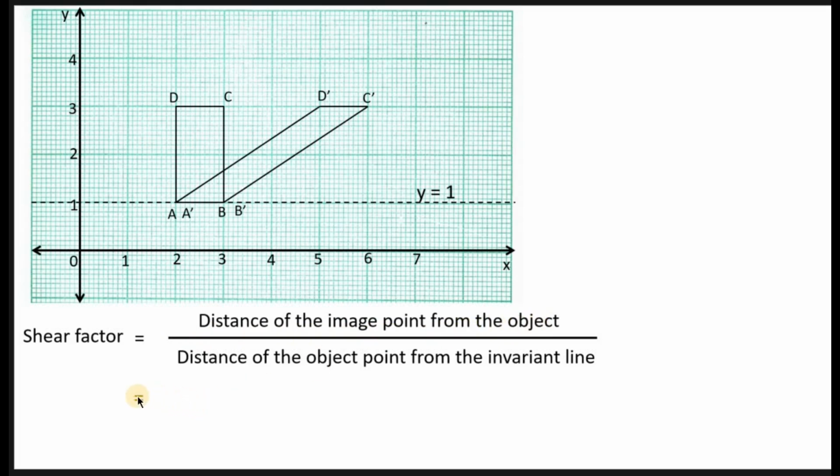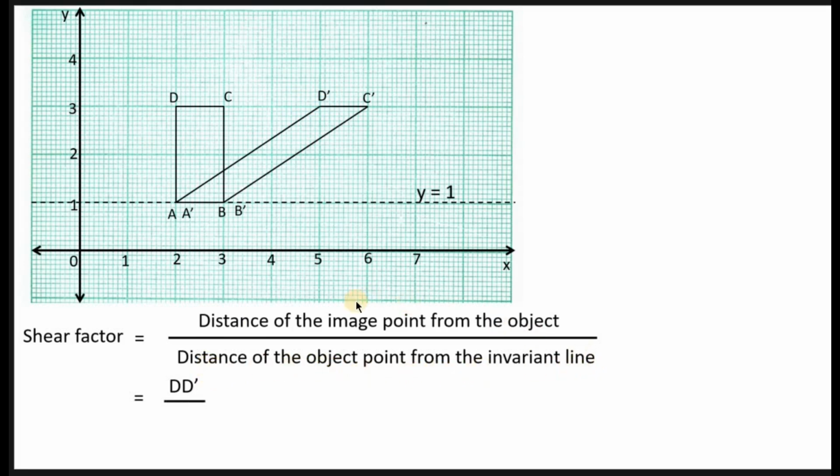We can pick d prime: this is the object and this is the image. When we say the distance of the image point from the object point, it is this distance. So if you get this distance d to d prime, then you divide it by the distance of the object point from the invariant line.